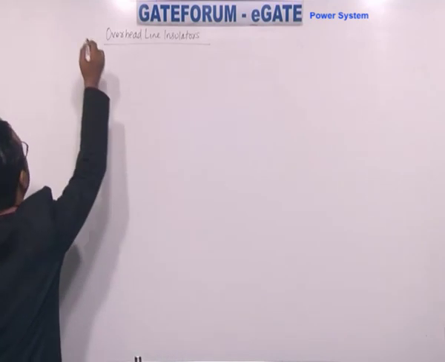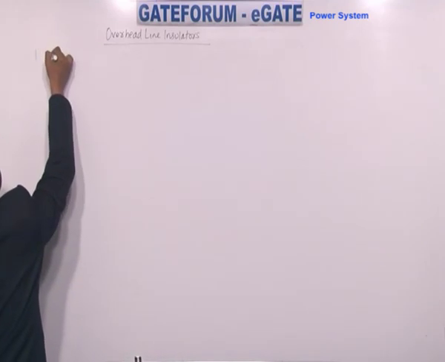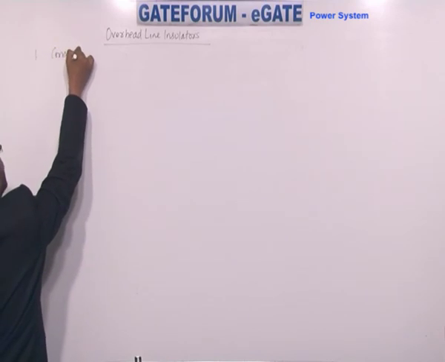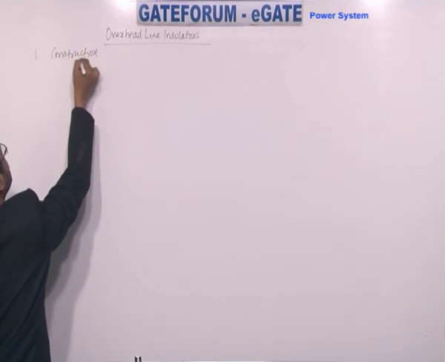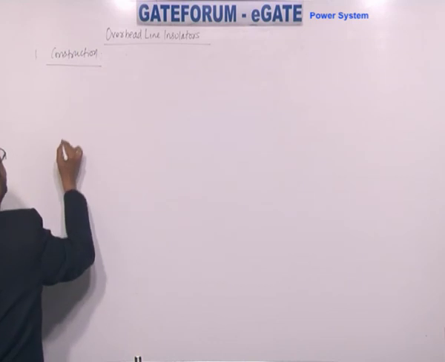And how are these overhead line insulators classified? They are classified based on, first, construction. As per the construction details, you have two classifications.